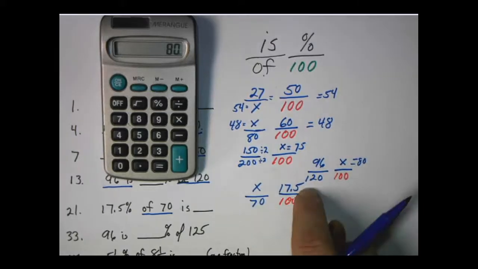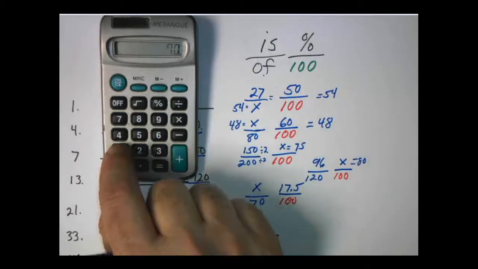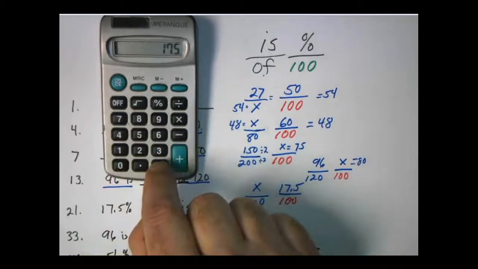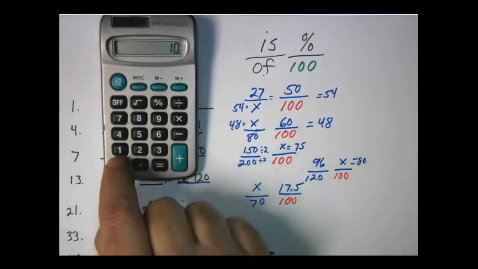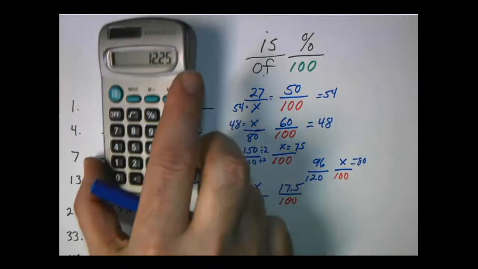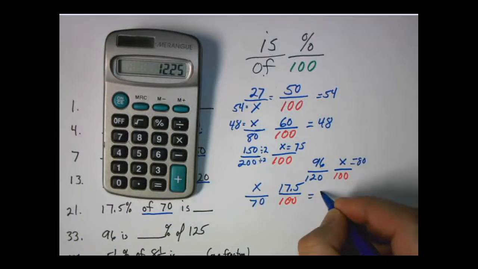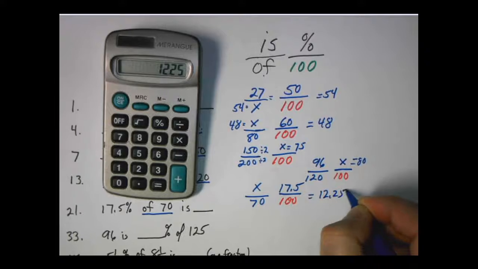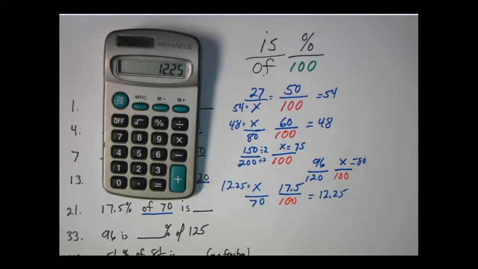So again, we're going to cross multiply and divide. 70 times 17.5 equals, divide by 100 equals 12.25, and so x is equal to 12.25. Okay, same procedure, just plug them in. No hundreds.